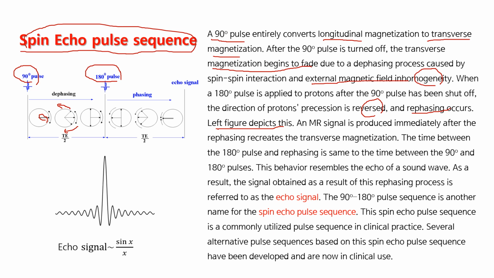And when the 180-degree pulse is turned on, the direction of the spin motion is reversed, and they will meet together and make the transverse magnetization. This transverse magnetization is detected as signal.